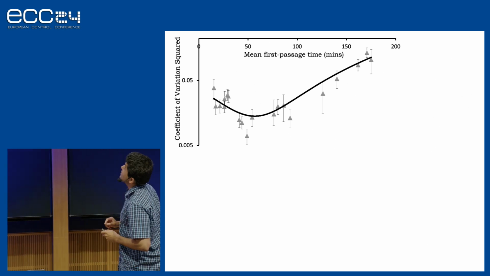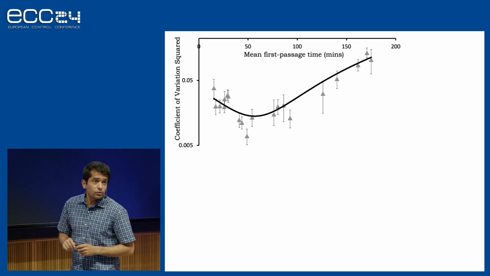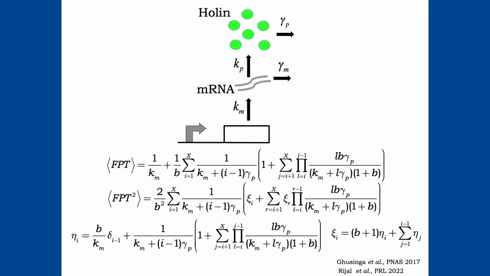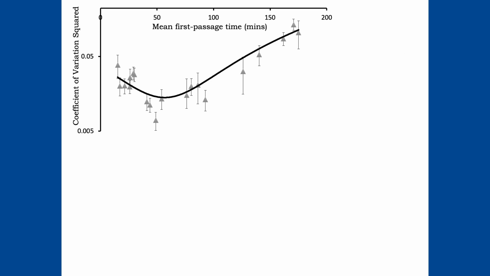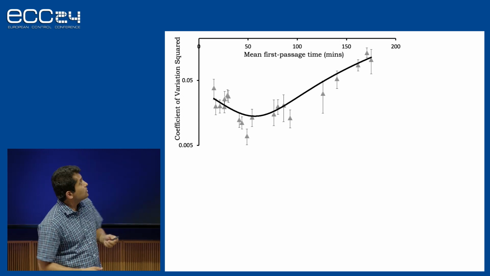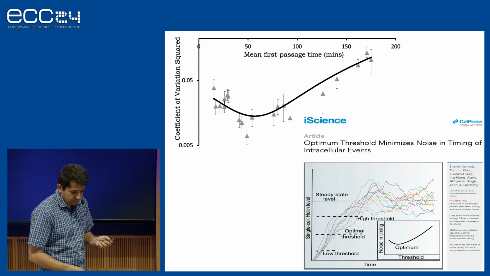The y-axis is the noise, CV, standard deviation over mean, and the x-axis is the mean time to lysis. And the black line is the prediction of the mathematical model I showed you earlier. So basically, in these timing problems, an optimal threshold is required to minimize your noise in timing. That's the basic message of this plot.